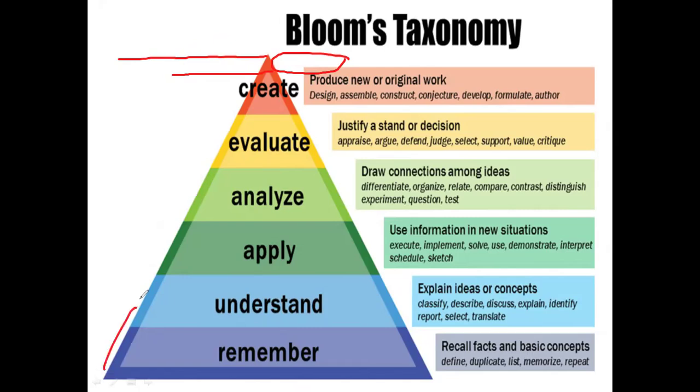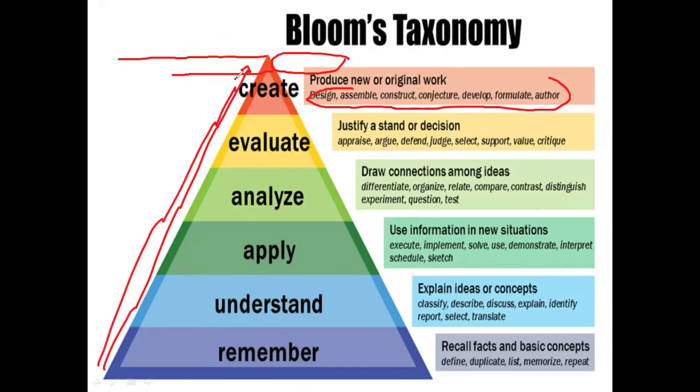Make sure you know the order of this taxonomy, as well as the action verbs that belong to each level. This works from bottom to top as well as top to bottom, but mostly it's top to bottom, as we have to let the students master their skills.